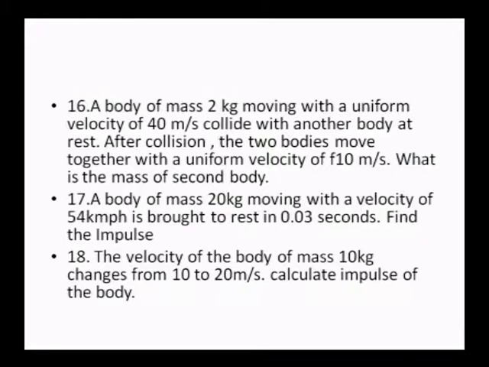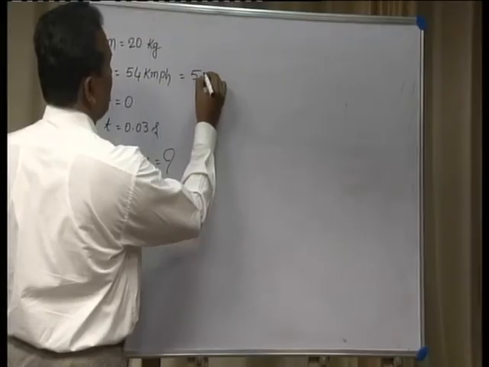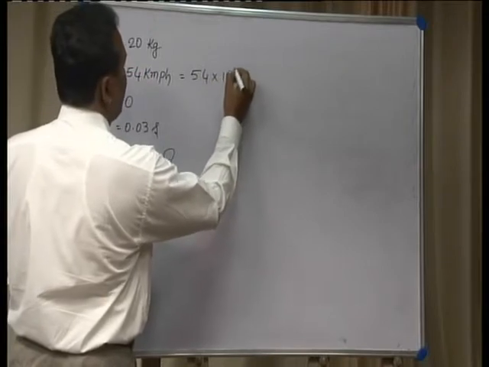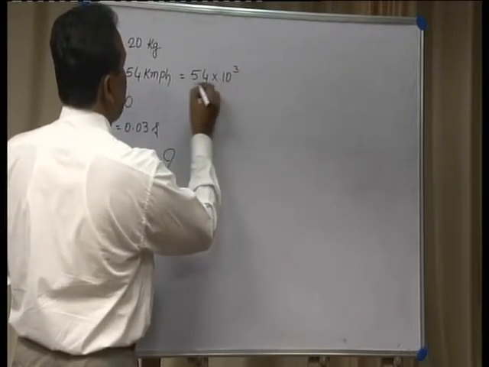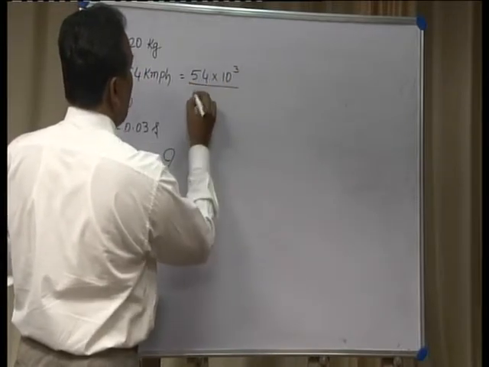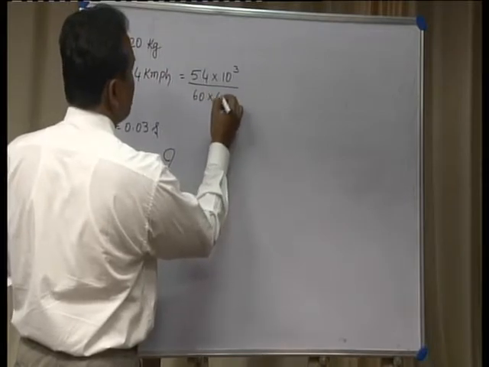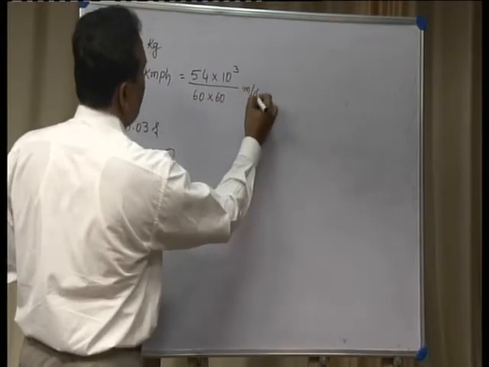Before that, check whether all the given physical quantities are in a single system of units: kg, kmph, second. Convert it into meter per second. Following the same convention, kilo means 10 power 3, and per hour means 60 into 60 seconds. Now, it is meter per second.